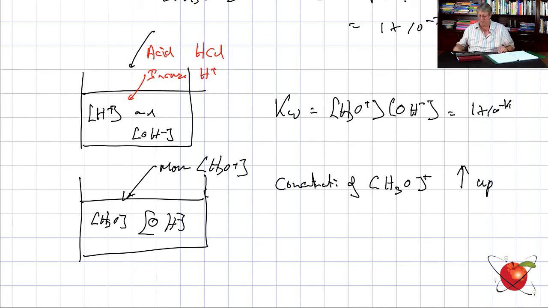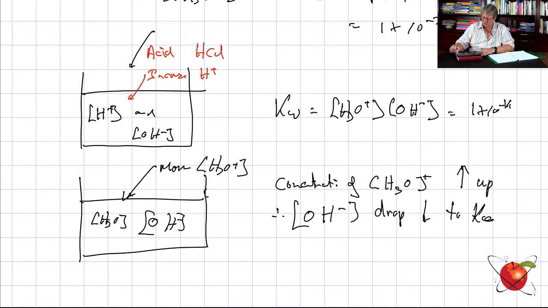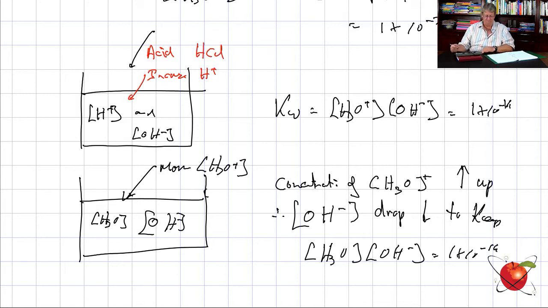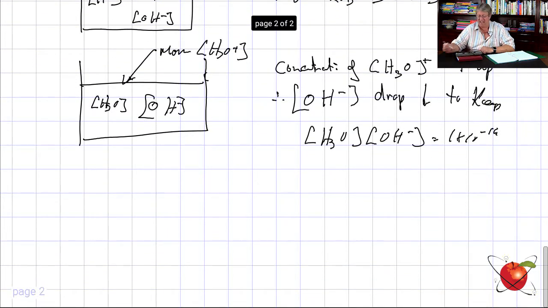Which means that as the H3O goes up, the OH minus must drop to keep the concentration of H3O times OH minus equal to 1 times 10 to the minus 14. OH must decrease. If I add H3O, OH goes down. Yes, you've guessed it.